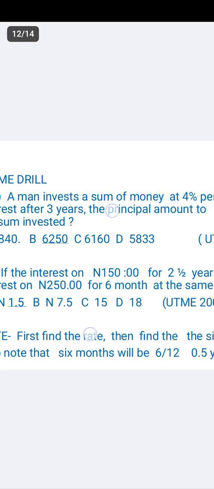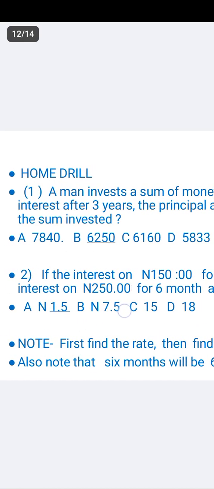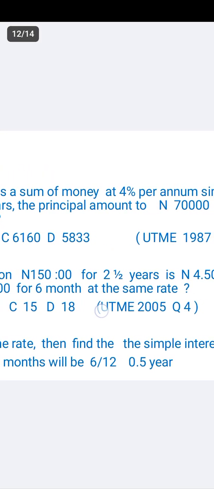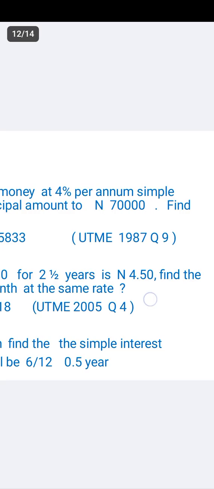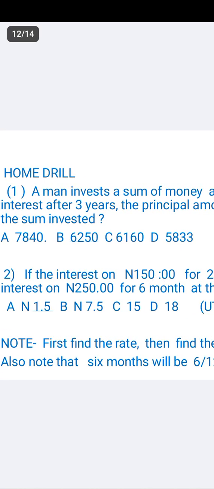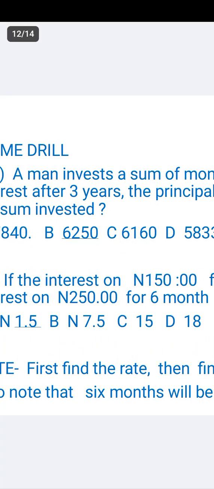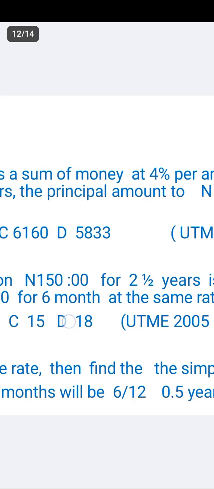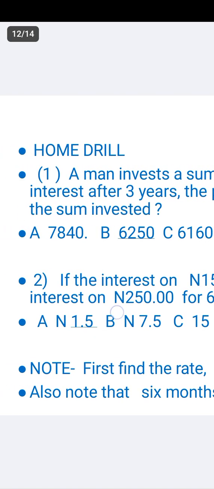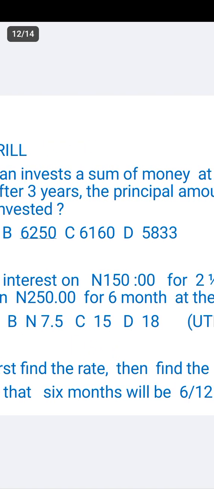Now question 2: if the interest on 150 naira for 2.5 years is 4.5, find what? The interest on 250 naira for 6 months at the same rate. Now this question, the first thing you will do is to find the rate.